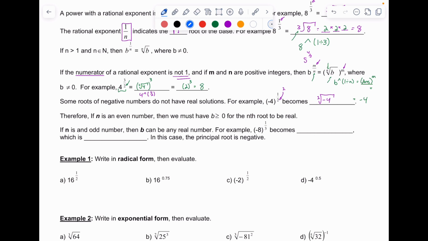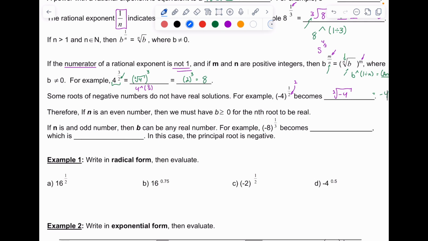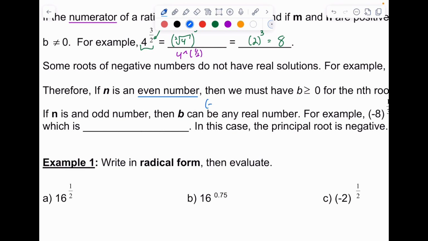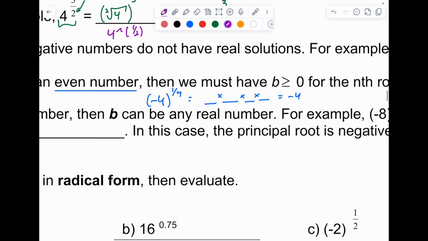But in general, what n is, now we're getting beyond just square roots. If n is an even number, okay? Because if I have something like -4 to the 1/4, once again, I'm still asking you what 4 numbers would give me a negative number? It does not matter what you put there.